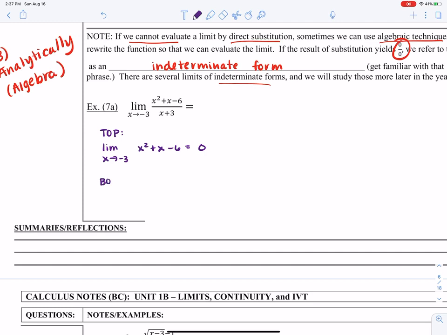We're now going to write the word bottom, and we're going to show the limit as x approaches negative 3 of x plus 3 is also 0. It is really important for the AP exam that you represent those as 2 separate limits before you do what we're about to do. So we're showing that this is an indeterminate form, 0 divided by 0.